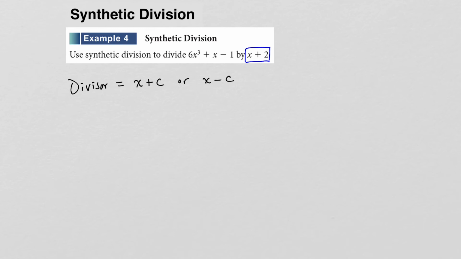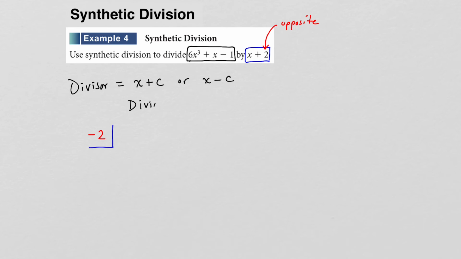So how does the process work? Well, what we're going to do is we're going to form a little half box here. And inside of that box, we are going to take the opposite of the number in the divisor. So the opposite of positive 2 there is negative 2. We are then going to list the coefficients of the main polynomial, the dividend, the thing that we are dividing.